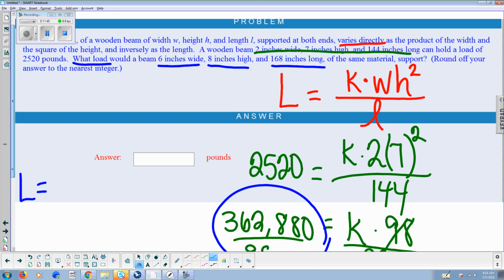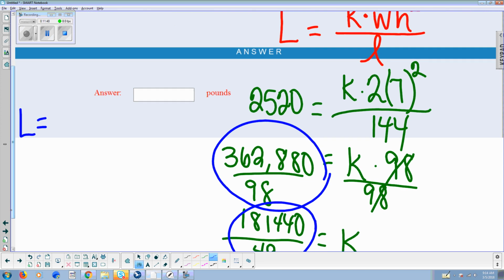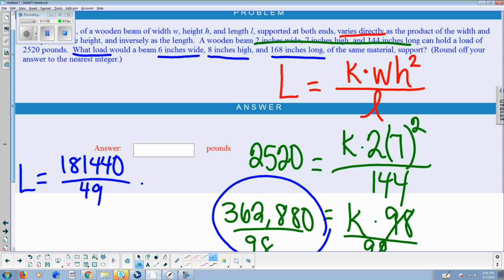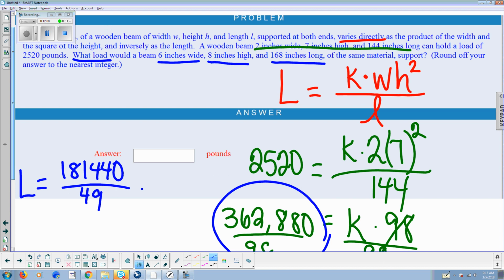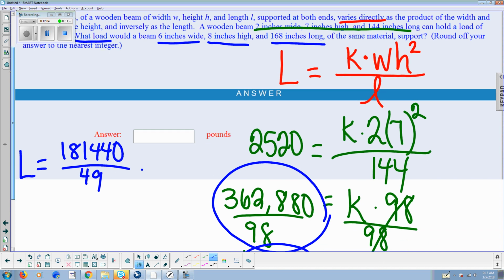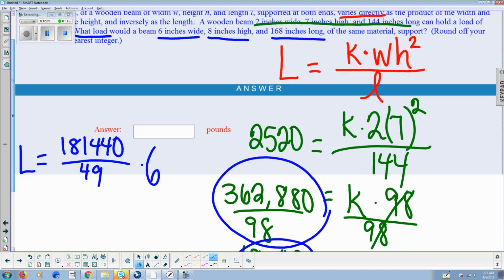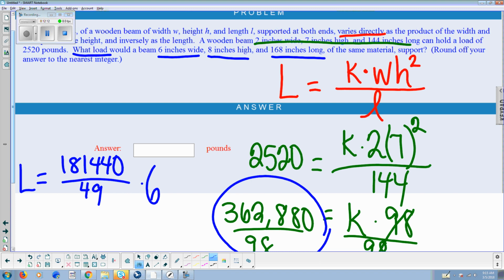K was, I'm going to use 181,440 over 49 times W was 6, the width is 6, right? The height that is given here is 8, so times 8 squared. And the length that is given is 168 inches long. Everybody see how that works?